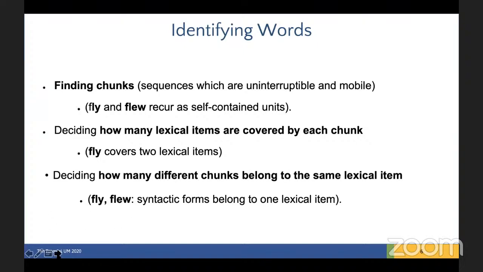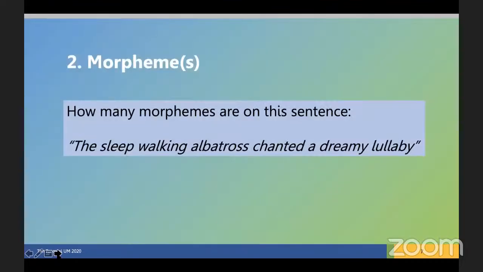All right, so now we can go to morpheme. How many morphemes are in this sentence? Morphemes are different from word because when we talk about word, you might count 1, 2, 3, 4, 5, 6, 7, 8, but morphemes are even more detailed.